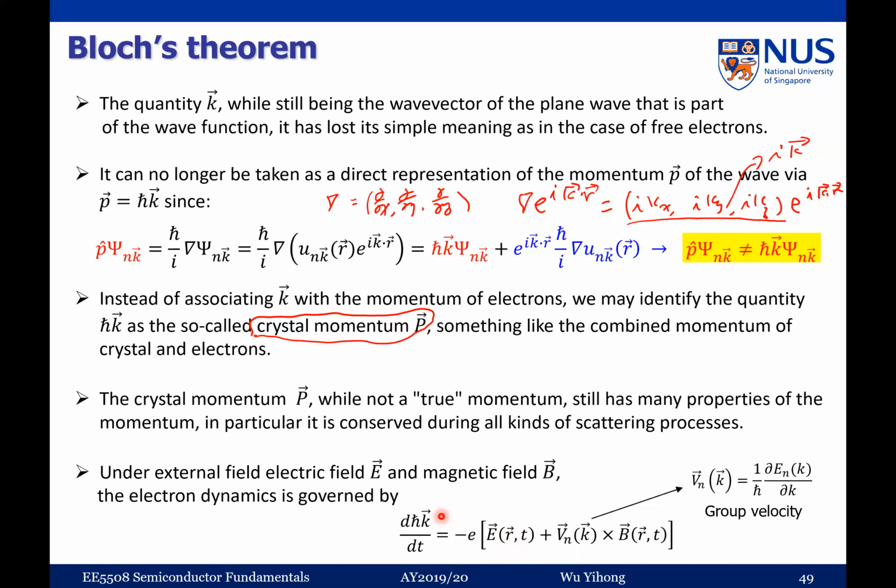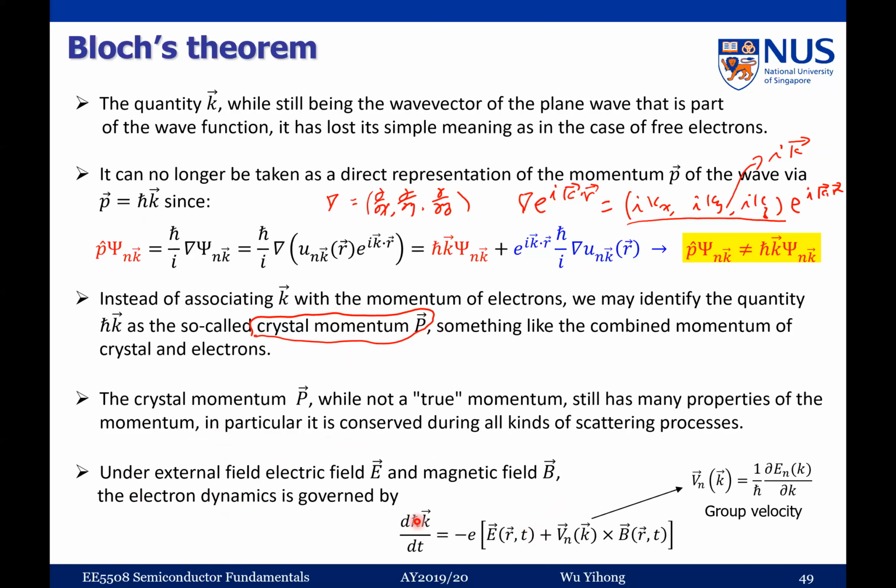So by introducing this crystal momentum, the so-called electron dynamics in an electromagnetic field becomes much simpler, right? That's why crystal momentum is a very important concept if you want to understand the electron dynamics inside the crystal.